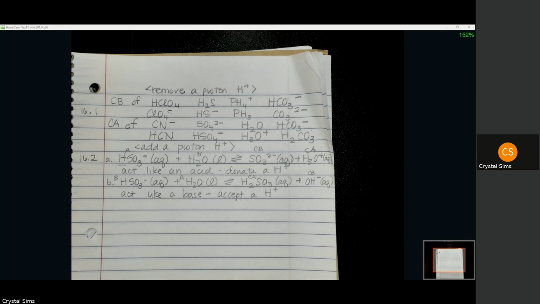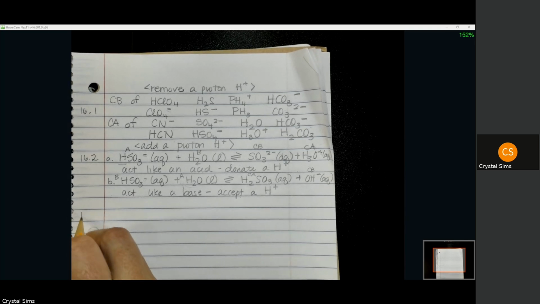So let's move on now to sample exercise 16.3. We are provided with a reaction, and it tells us to use figure 16.4 to predict whether the equilibrium lies to the left or to the right.